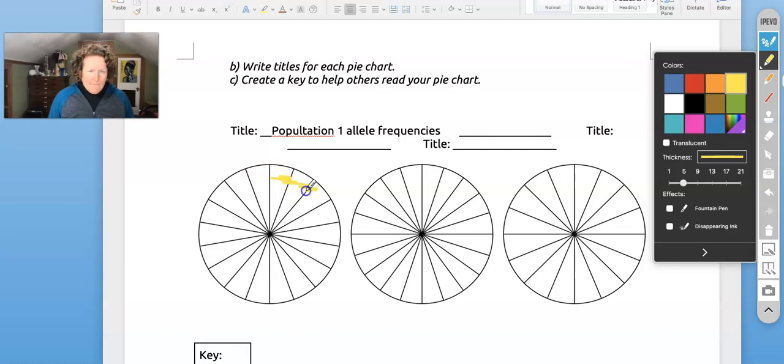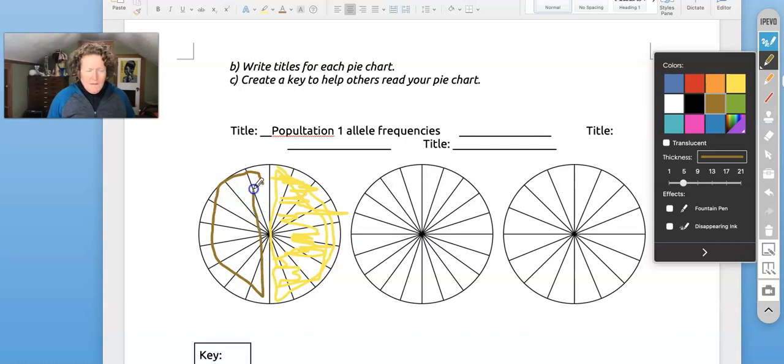I'm not going to color it all in. You can do a better job if you have a graphics program. So this part of the pie chart, all of this is going to be light mice. And we know since there are only 2 alleles, we can color the other half as dark mice.